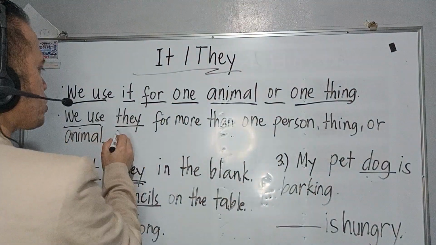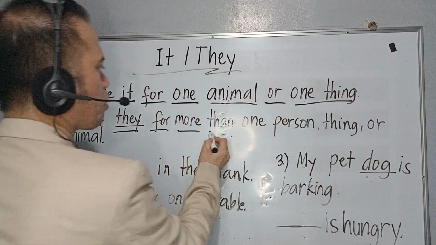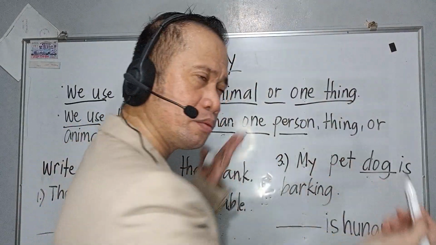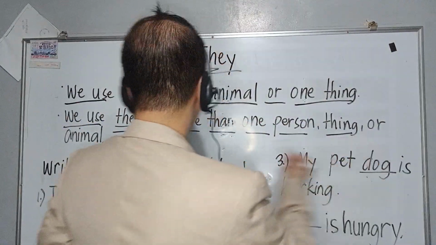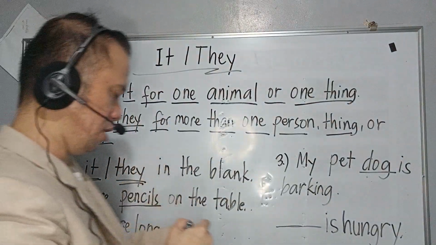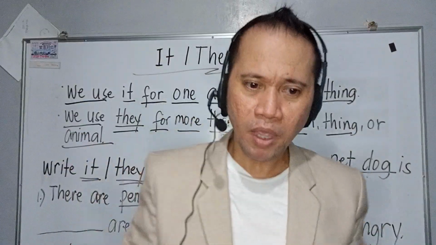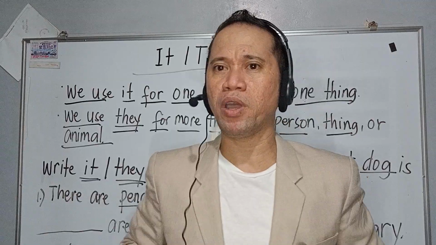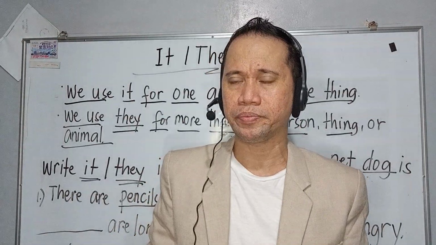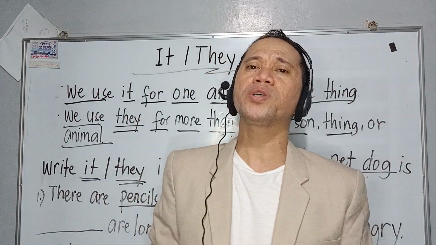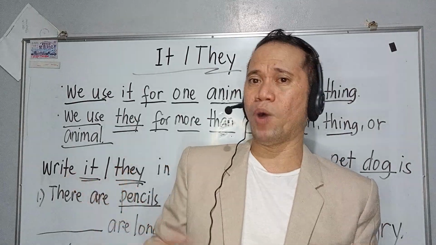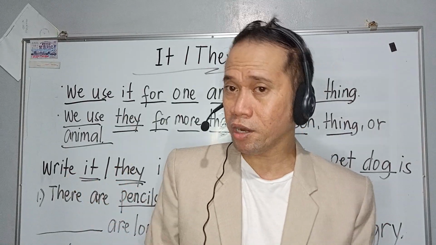Whereas, we use "they" for more than one person, thing, or animal. That's the time that you're going to use "they", my dear viewers, or my dear students. Again, we use "it" to refer to one thing or one animal.